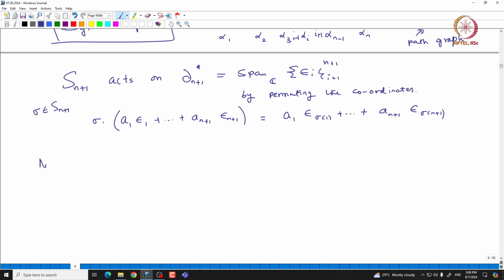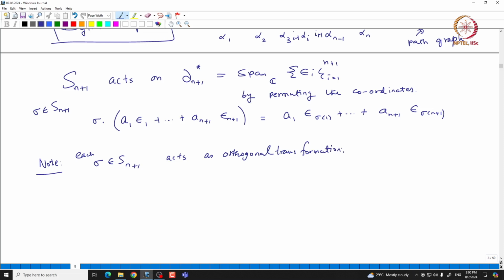So, this is how you have the action of S n plus 1 on this dou n plus 1 star, by permuting the coordinates. And note, and it is an easy exercise, that each sigma acts as an orthogonal transformation. That means it preserves the inner product.